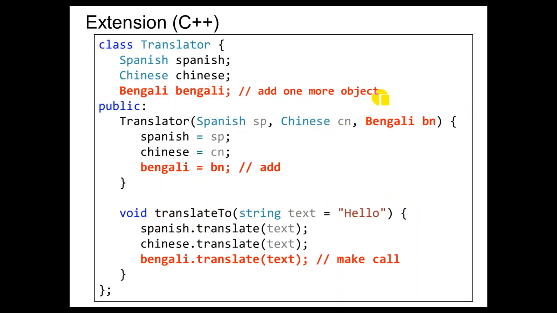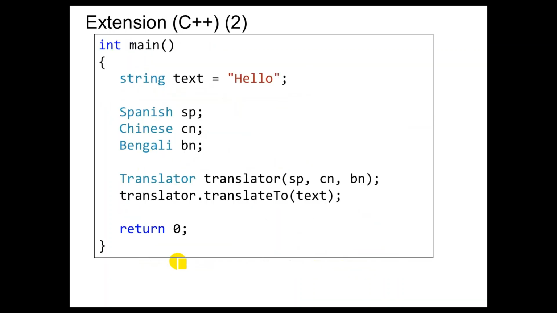Similarly, you can see we added one more object here and changed the constructor, and added a new call for calling the translate method in the Bengali class. Now the main method implementation is very similar and very simple. The constructor also has been modified.